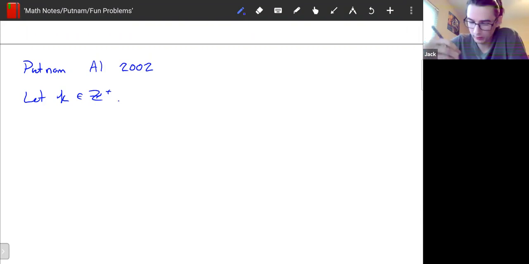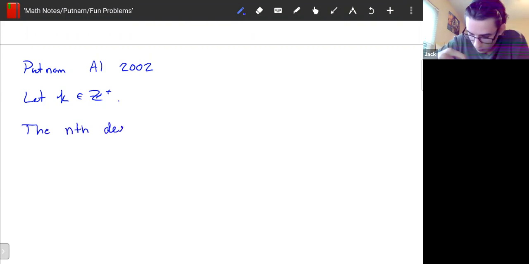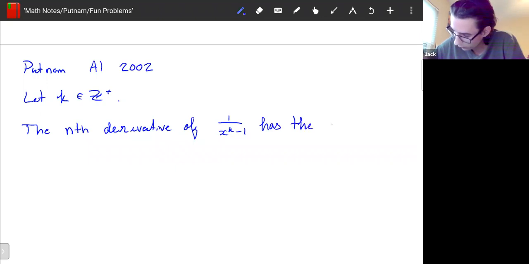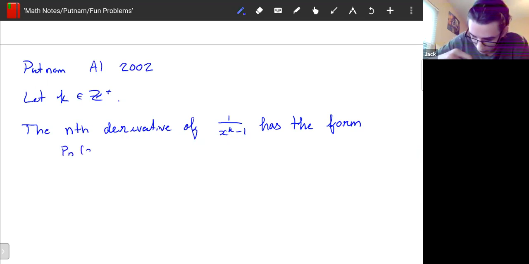And we're given that the nth derivative of the function 1 over x to the power of k minus 1 has the form p sub n of x over x to the power of k minus 1 times n plus 1.